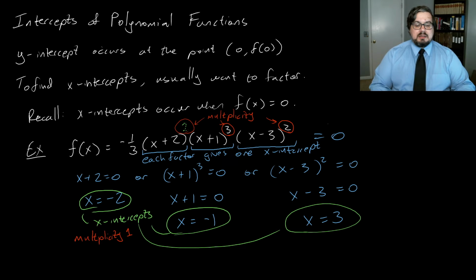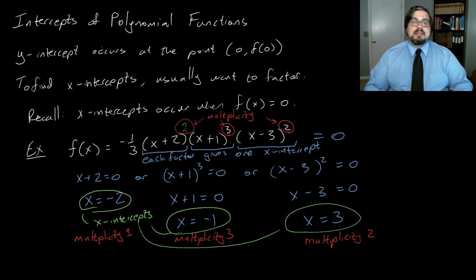On the other hand, the x-intercept given by x equals -1 came from the factor x plus 1 cubed, and so here we'll say that this has multiplicity 3. And lastly, we have the intercept x equals 3, which has multiplicity 2.